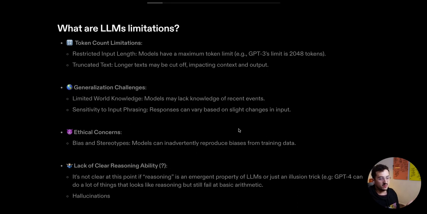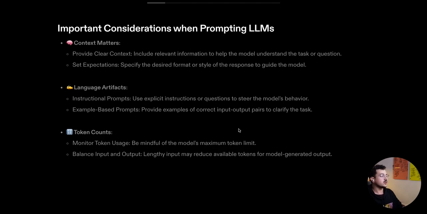We know that it's bad at certain things: it's bad at arithmetic, and it's bad at some basic reasoning exercises. It hallucinates a lot and comes up with bullshit that sounds very correct, but ends up being not correct at all. So there are some limitations there, and that's why it's important to have certain considerations when prompting the large language model.